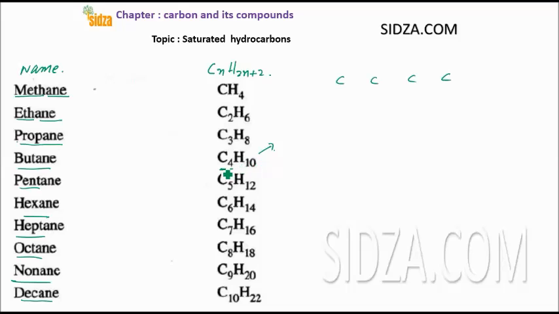Since it's a member of the alkane family, there will be only single bonds, and the valencies will be filled by adding hydrogen atoms. 1, 2, 3, 4, 5, 6, 7, 8, 9, and 10 here, right? Now this is C4H10. This is butane, the structure of butane.